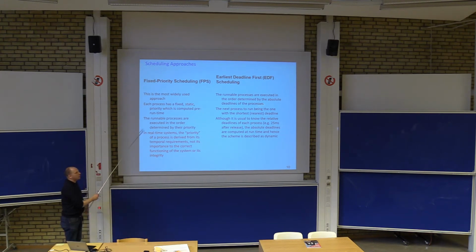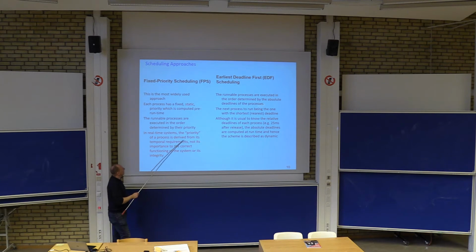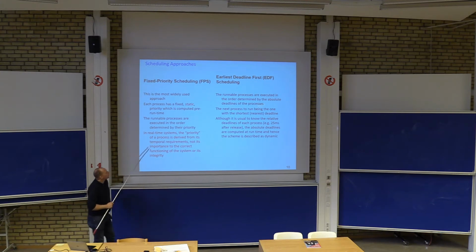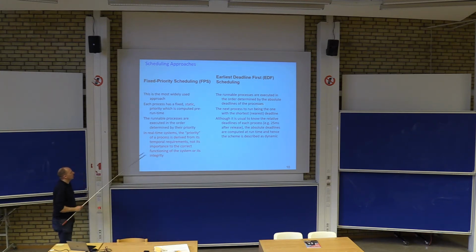So then a problem that you have is, how do you choose the priority? We will see how we can do this, but it's important to make note that you typically select the priority based on the temporal requirements that you have in your system.